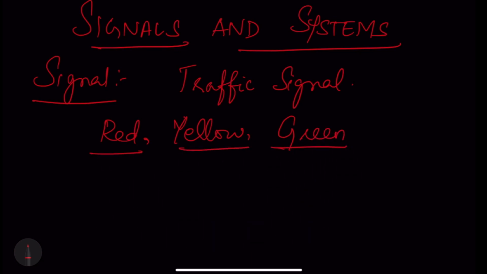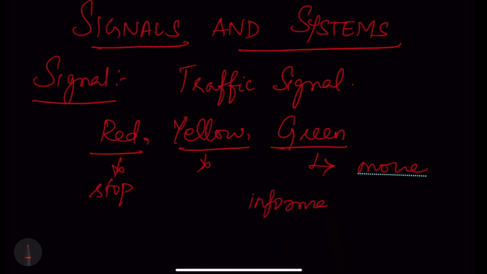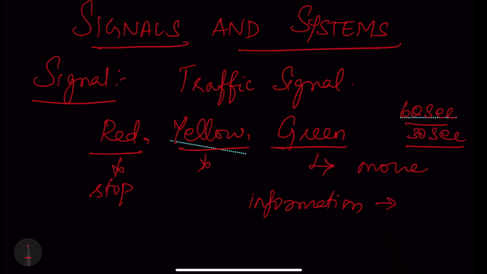For example, green indicates that we are supposed to move, yellow is standby and red is stop. So all these three colors give us some information and that information is going to vary with respect to time. For example, 60 seconds, then again 30 seconds.